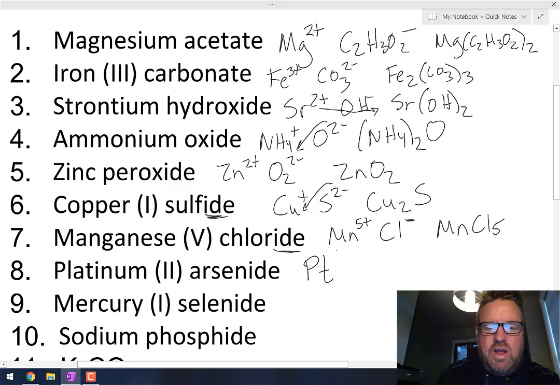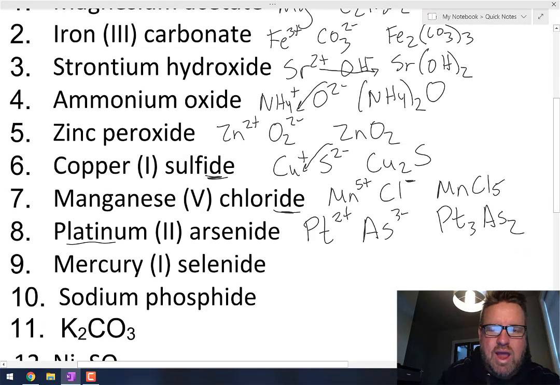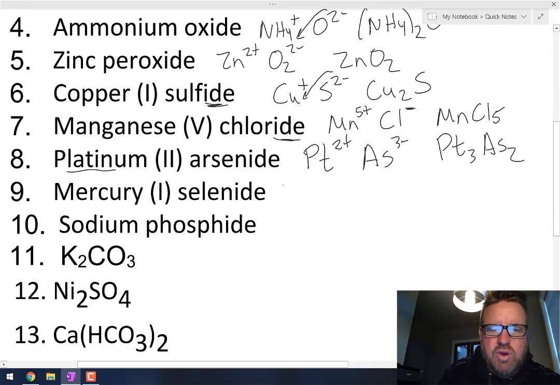You're looking at the periodic table, finding platinum, making sure you know what its symbol is, and then we put its charge on there. Arsenic, we want to put Ar, but that's argon. So arsenide comes from arsenic, which has a -3 charge, which means now we switch those charges, Pt3As2.